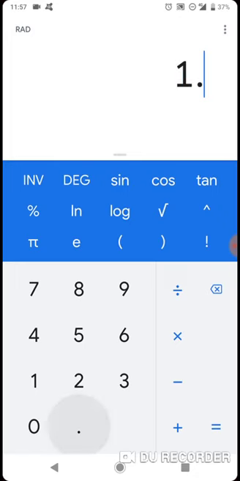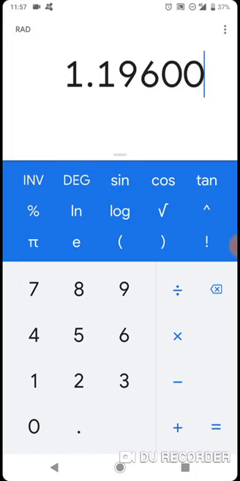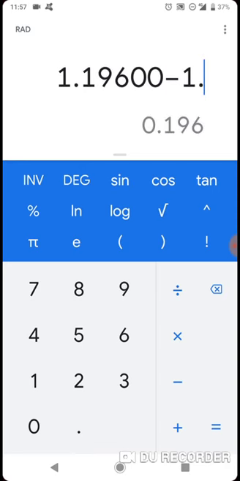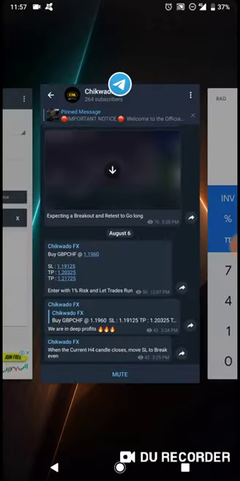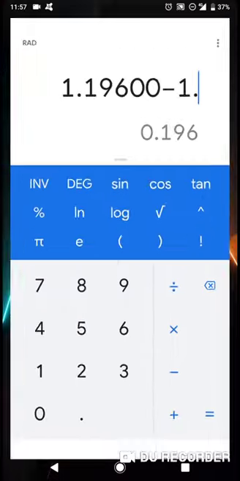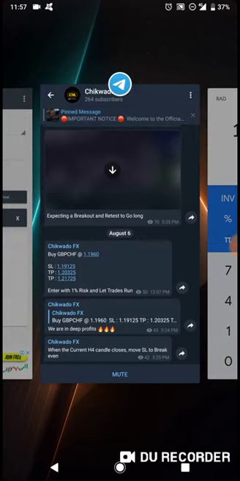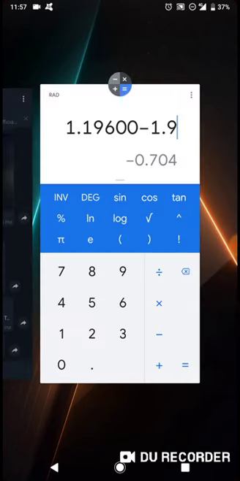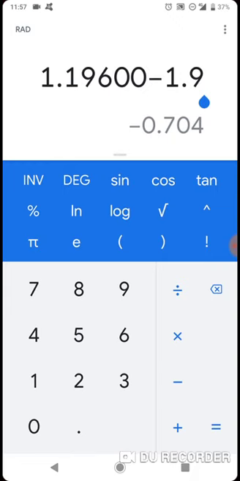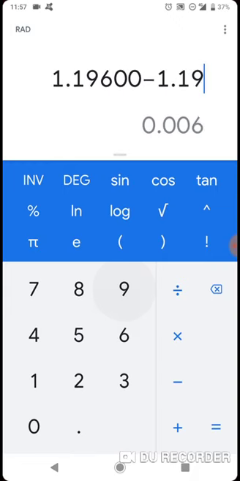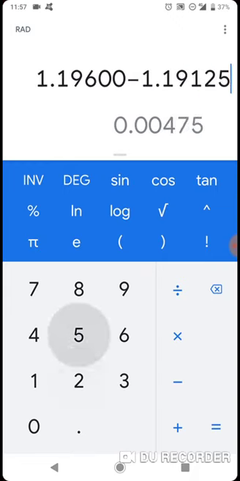Now, 1.19600 minus, let's see what the other figure is, 1.19125.